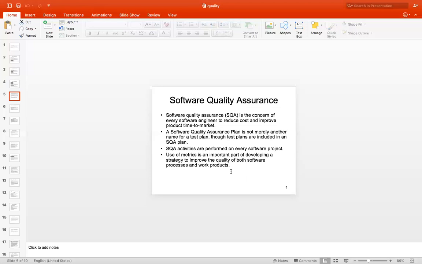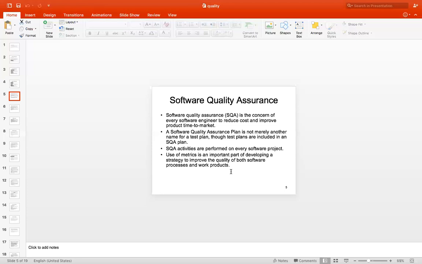So with SQA, every software engineer, when he is involved in the project, his main concern has to be that he has to do the project within the budget and he has to deliver the product within the given time. These are the two things that any software engineer has to keep in mind when he is involved in a project.